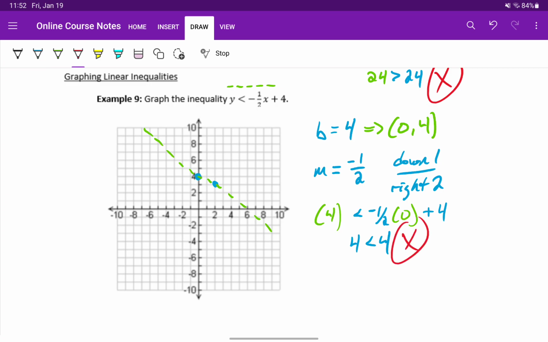That's clearly not true. So this line that we've constructed is a boundary line for our solutions, but in this case, because of that strict inequality, the points on that line themselves are not solutions.